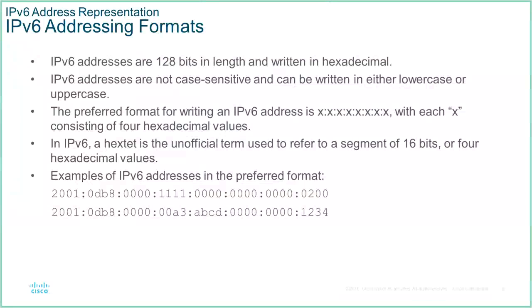So basically what we're doing is we have a little hextet which is being used to represent 16 bits or the 4 hexadecimal values. Now each set is separated by a colon, and we can have a whole set of rules governing how we can shorten the notation of this, which we'll go through in a second.